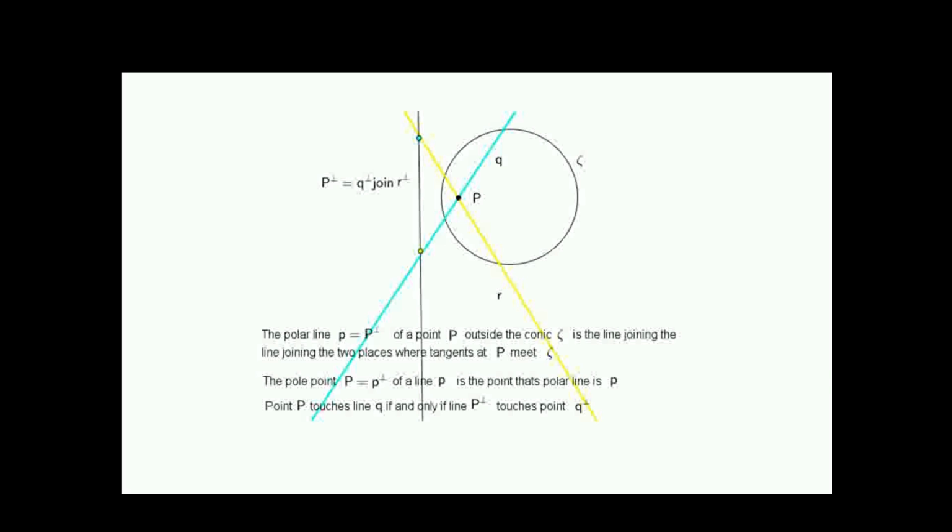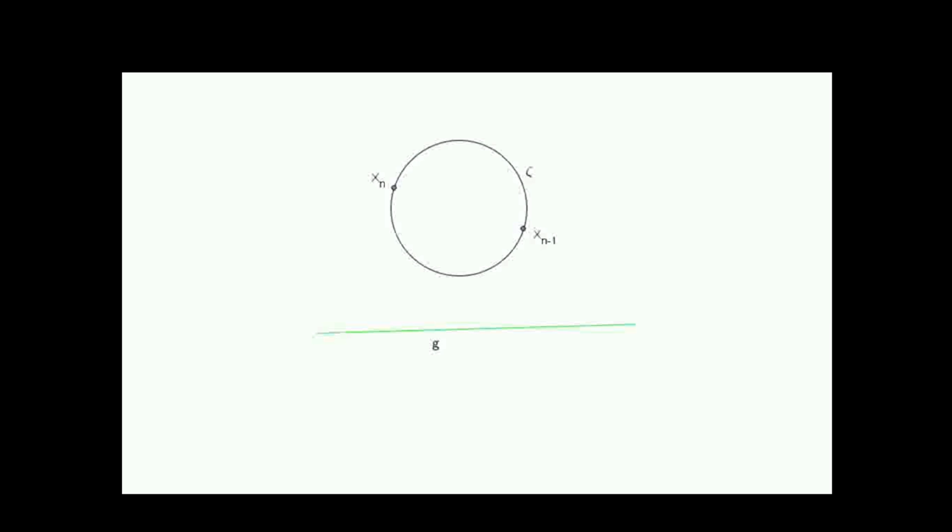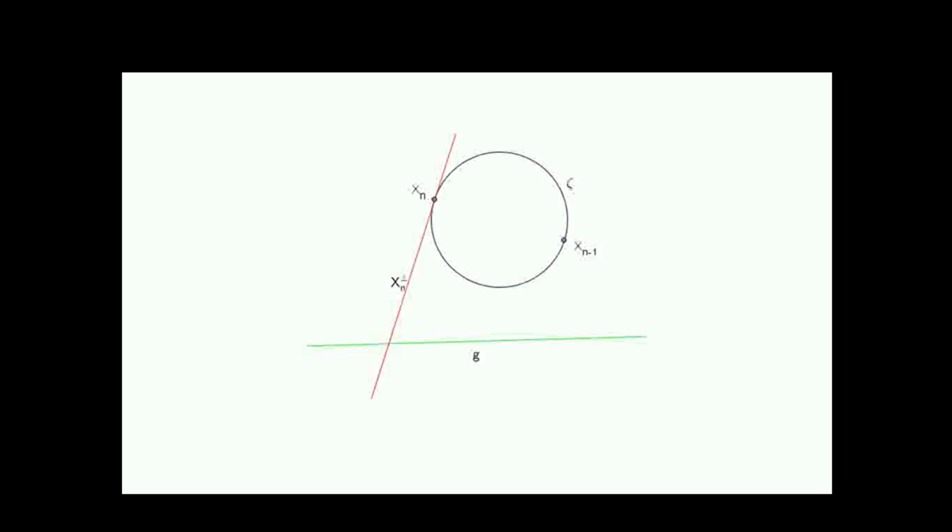So how does all this help us with our circle problem? Well, firstly, it's important to note that it can be described in terms of this language. Here's our point xn. The line which is the tangent to xn is just the pole of the point xn. This red line is called xn perp.